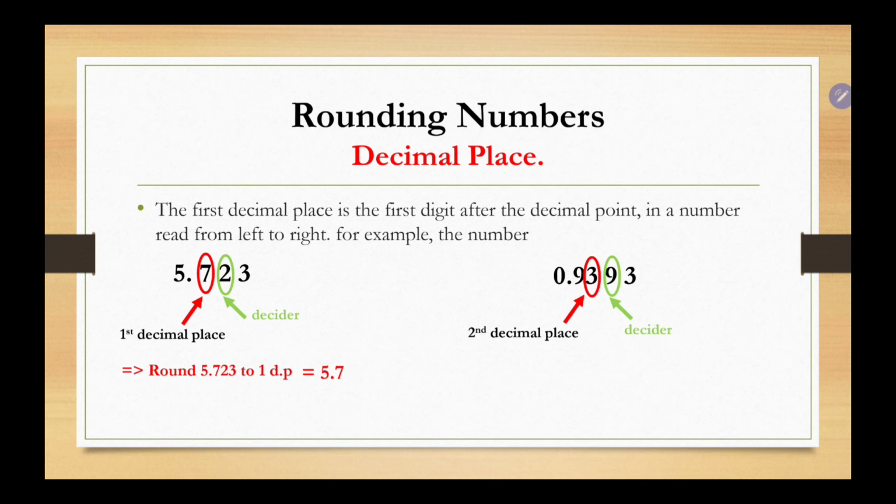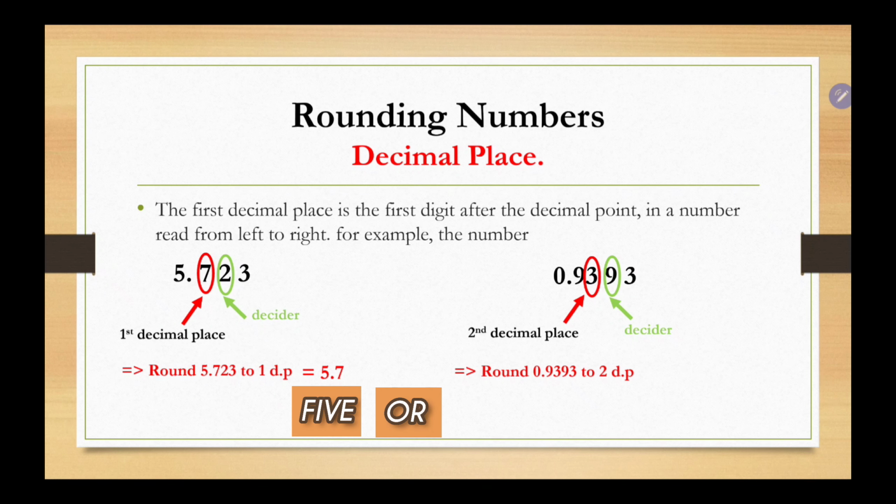In the second example, we have 0.9393, and we want to round this to 2 decimal places. Remember, the second decimal place was the number 3, but the decider was 9. When we have 5 or more in the decider, then we have to round the number up. So we have to round the 3 up by adding 1 to it.